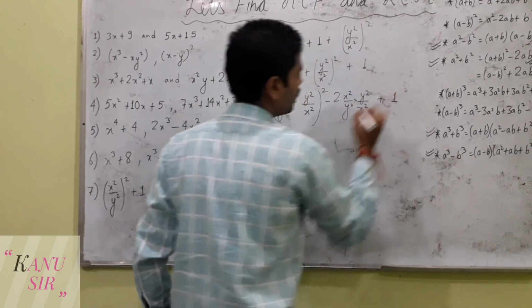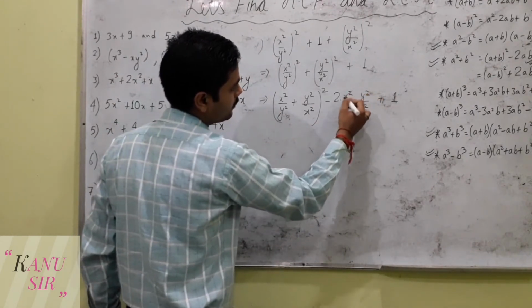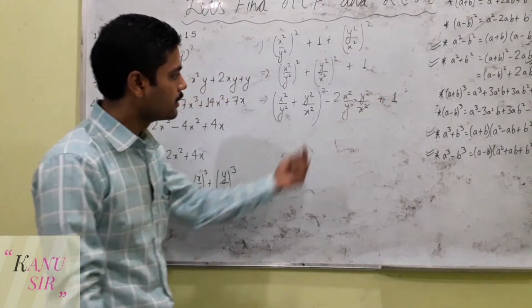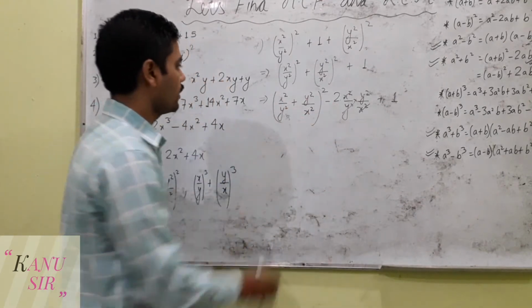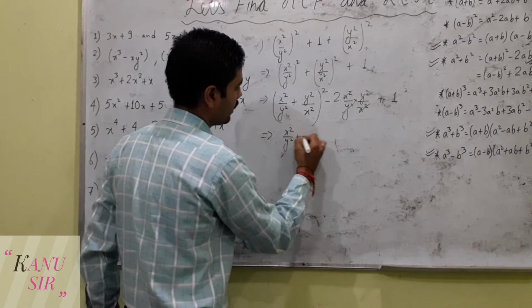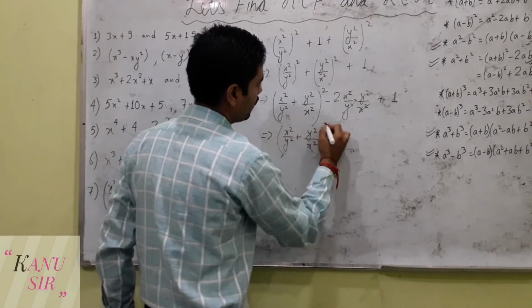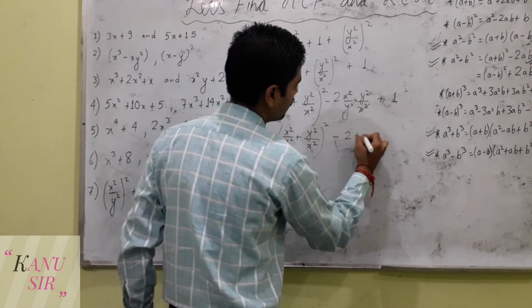Now what can we see? Y square and y square, x square and x square are cancelled. 2 is left alone: (x square y square plus y square x square) whole square minus 2 plus 1.